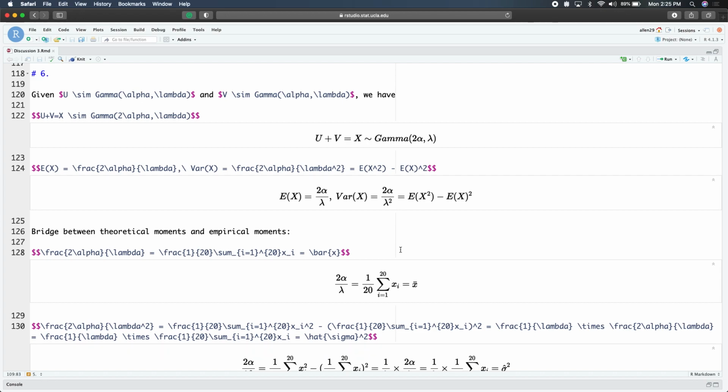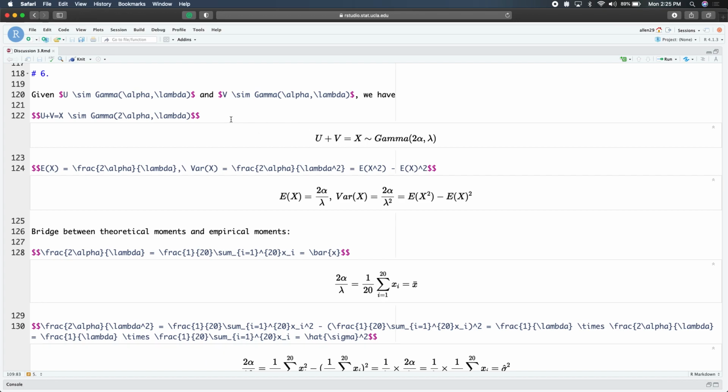So we are going to sum over the two components, and then use the method of moments to bridge against the empirical observation. Each of U and V, which I denote for the individual components within a device, follows a gamma distribution with alpha and lambda.